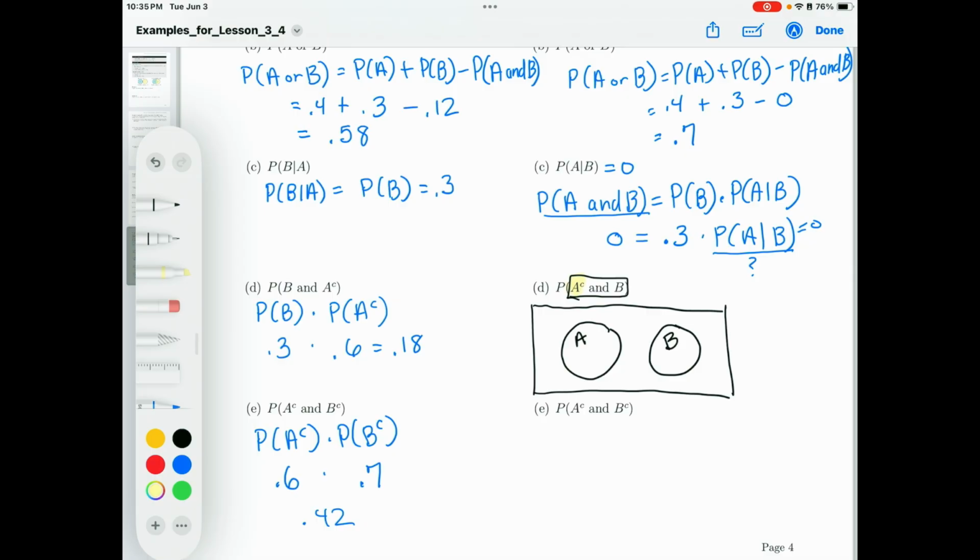So a way to visualize this, I'm going to shade in the area that's considered a complement. I'm going to do that with this light yellow color. Anything that is considered a complement outside the circle A, I'm going to shade yellow, and that is our A complement. Anything that is not A, so all of this, that includes B as well.